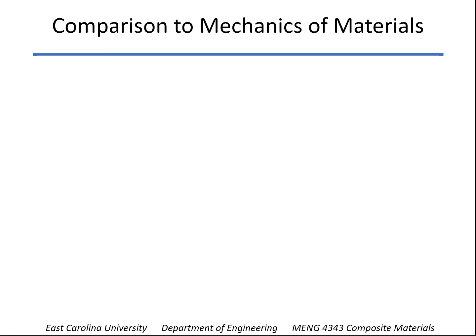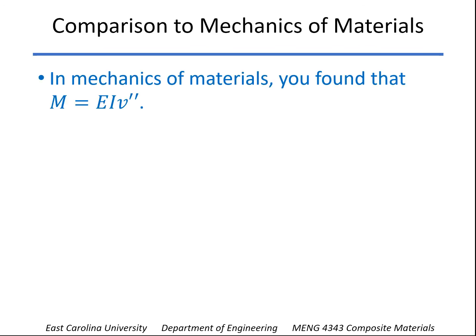If you think about what we did in mechanics of materials, I mentioned that the further a layer is away from the neutral axis, the higher its stiffness is. You'll remember in mechanics of materials, you looked at the moment being EI times the second derivative of the displacement, and we also said the second derivative of displacement, for small deformations, can be related to the curvature.